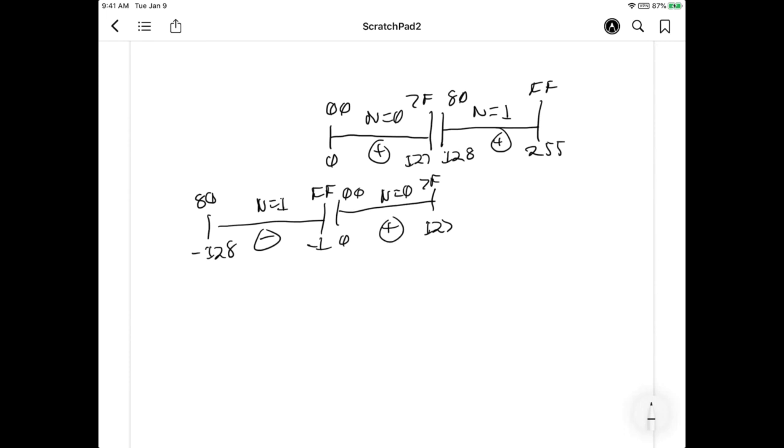So let's take a look at the differences between these. Just make sure you're seeing what I'm seeing. Good. So for unsigned numbers, so these are unsigned char, let's do this in red.